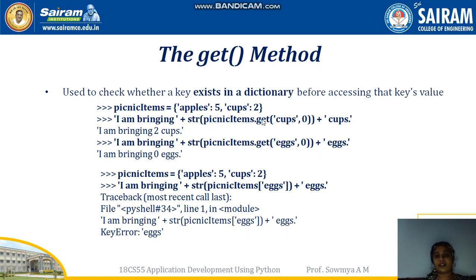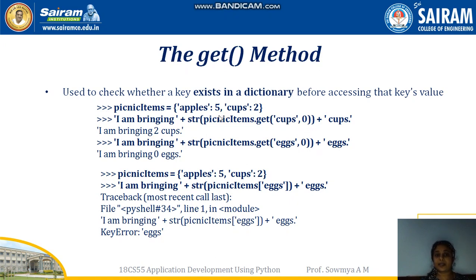So here we have a dictionary called picnic items with apples 5 and cups 2. I am bringing a string 'I am bringing', and since values are integers, we are converting them to strings. picnicItems.get('cups', 0).